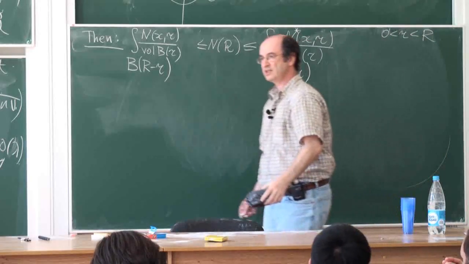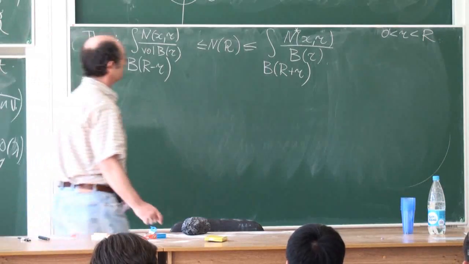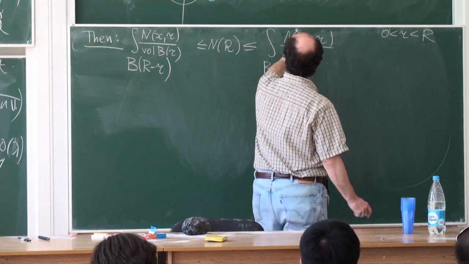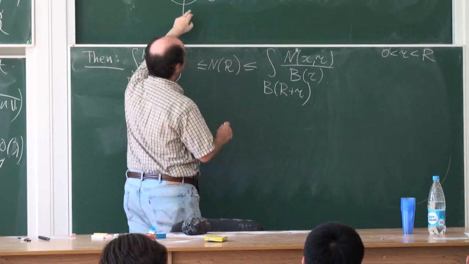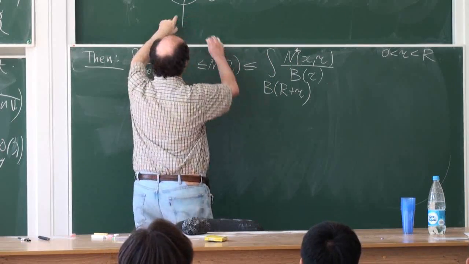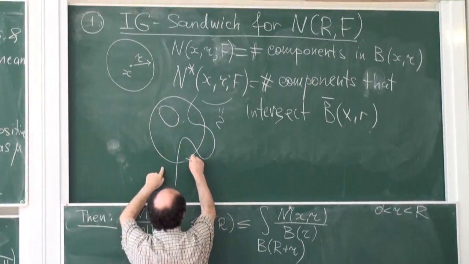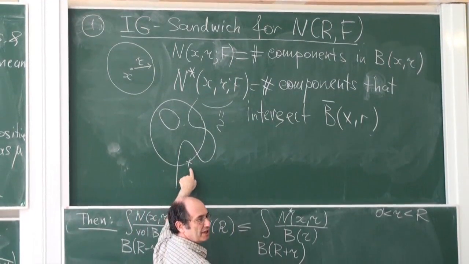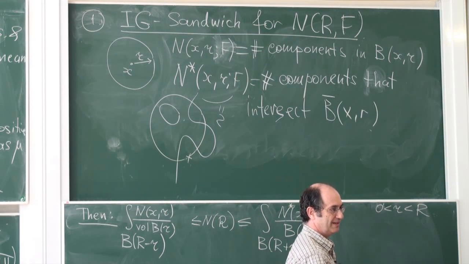Now another remark, let me elaborate a little bit on the sandwich. This one is not so easy to work with, but again, from calculus, we know that if we have such a component, somewhere here there should be at least one critical point of the restriction of our function to the sphere.